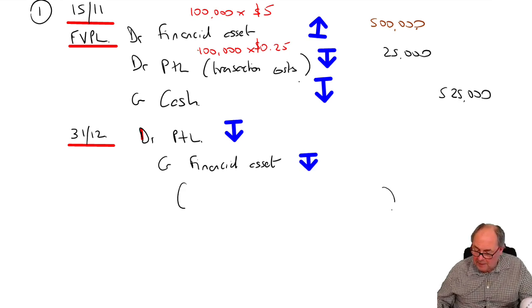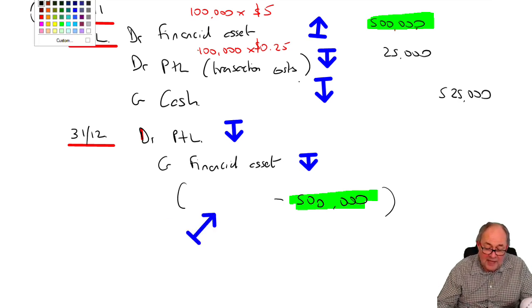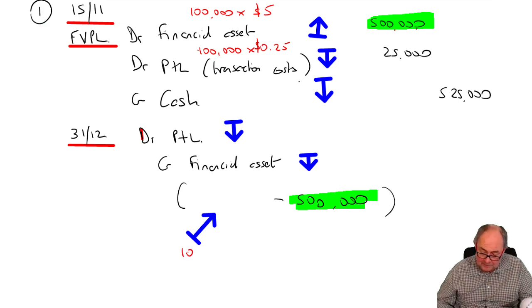Let's just compare. The old carrying value upstairs was 500,000. The new carrying value down here, 100,000 shares at $3.50.